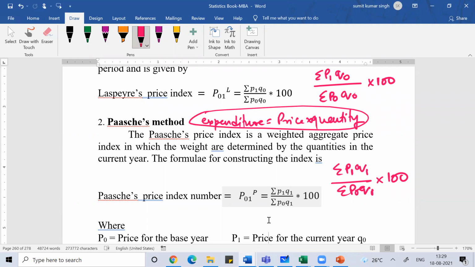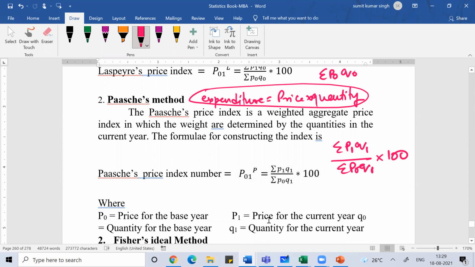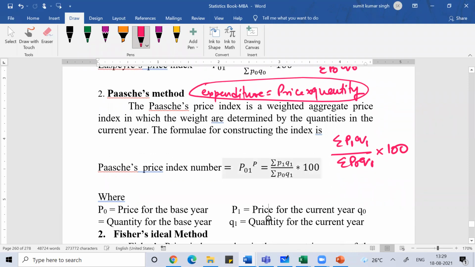Clear, everyone? So you understood Laspeyres versus Paasche. P naught is the price for the base year, P1 is the price for the current year, Q naught is the quantity for the base year, and Q1 is the quantity for the current year.